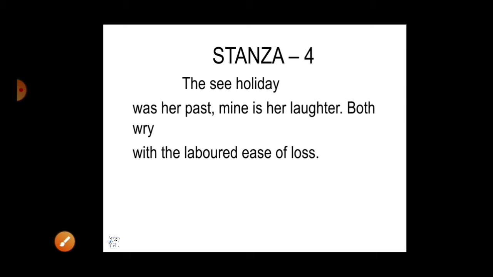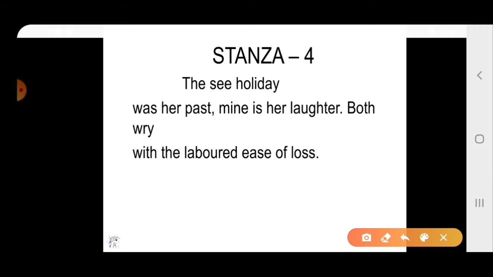This is very important. The sea holiday was her past, mine is her laughter. Both vary with the labored ease of loss. These lines, with the labored ease of loss, are very important. I will tell you these separately also. The sea holiday was her past, mine is her laughter.